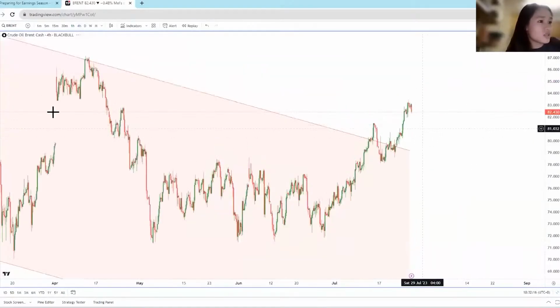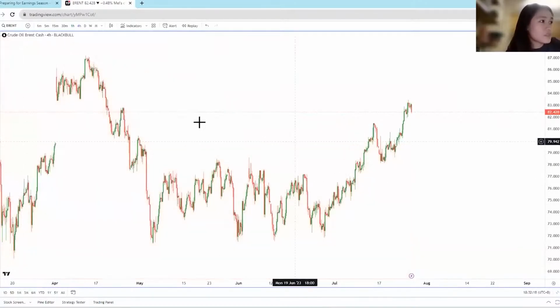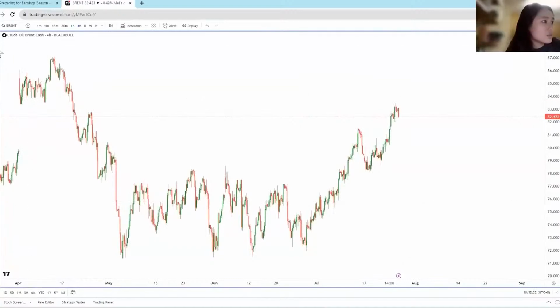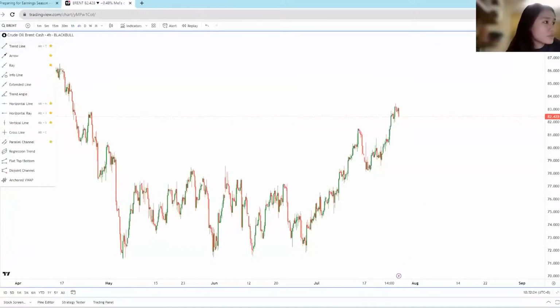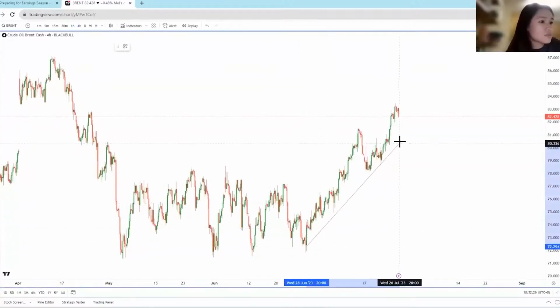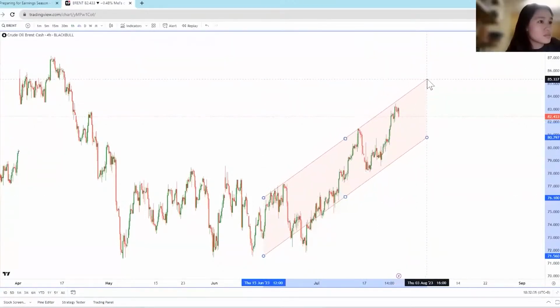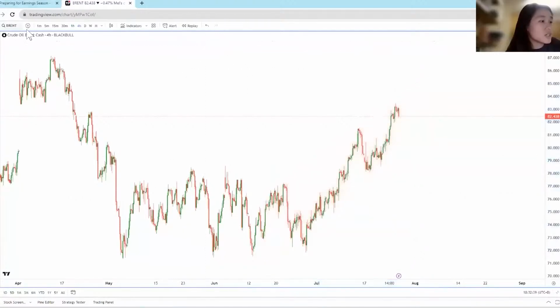So let's take a look at this on our 4-hour time frame. Okay, it's pretty bullish as well on the 4-hour time frame. Okay, no trend channel.